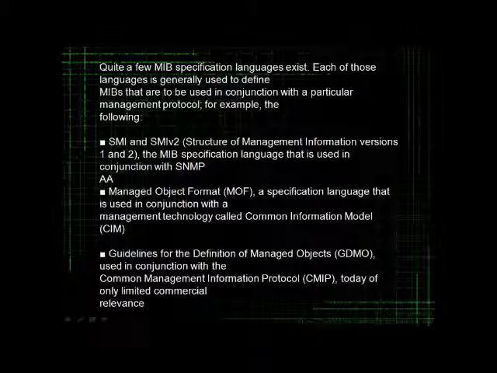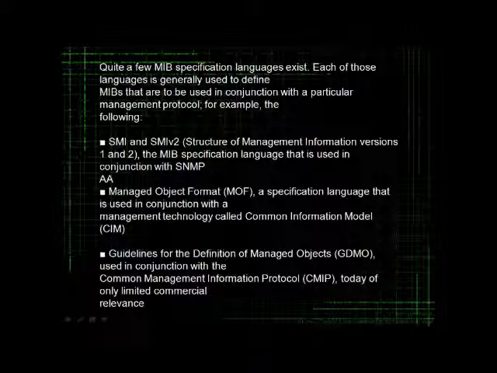Quite a few MIB specification languages exist. Each of those languages is generally used to define MIBs that are used in conjunction with a particular management protocol. For example, the following: SMI and SMI version 2, Structure of Management Information versions 1 and 2, the MIB specification language that is used in conjunction with SNMP.